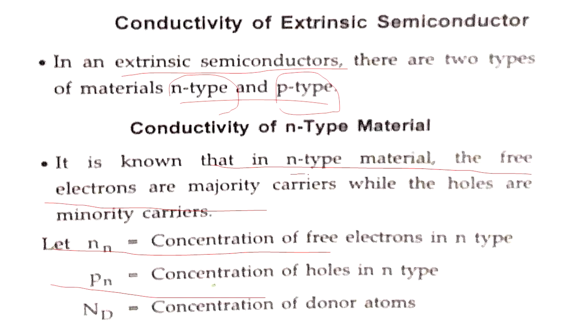In N type, since we have added the pentavalent impurity, the electrons are the majority carriers and holes are the minority carriers. Let me define the concentration of electron as Nn and the concentration of hole as Pn in N-type semiconductor. In this notation, the letters N and P represent the type of the charge carrier, whereas the suffix n represents the type of the semiconductor.